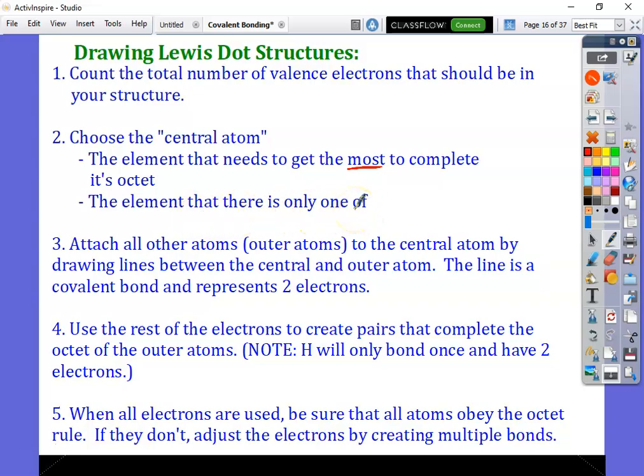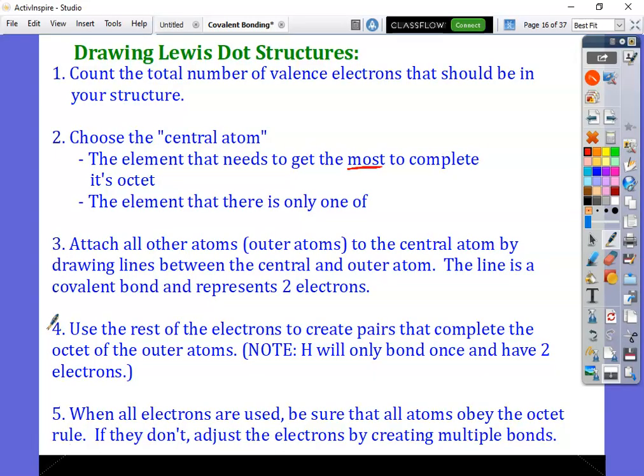Now, sometimes there are some exceptions there, but lots of times this second rule works here. Step 3, we're going to attach all other atoms, which we're going to call the outer atoms, to the central atom by drawing lines between the central atom and the outer atoms. And remember that line is a covalent bond and represents 2 electrons.